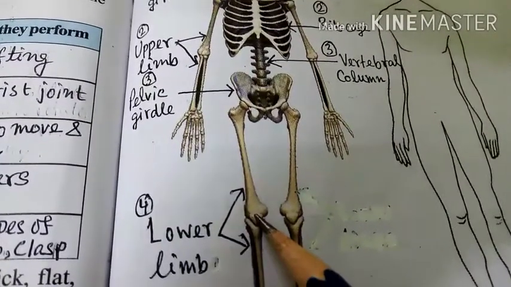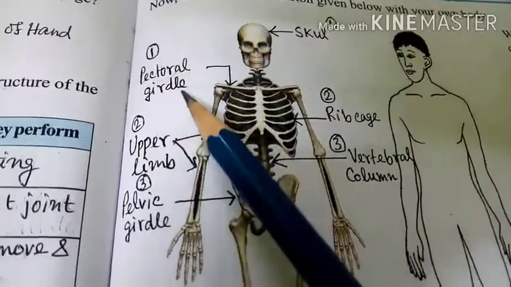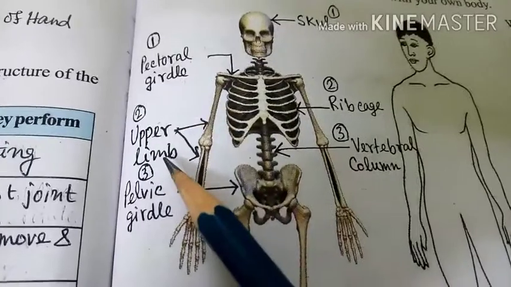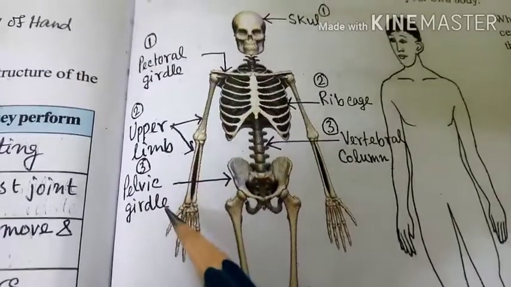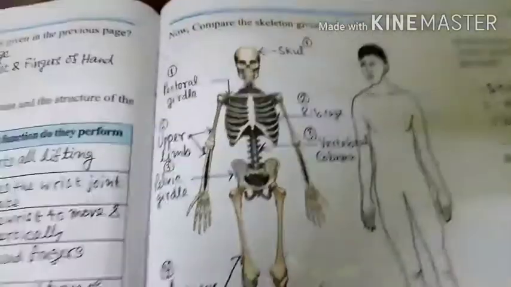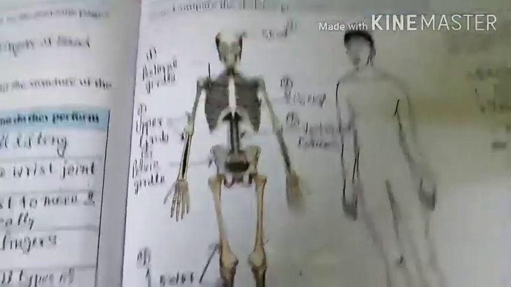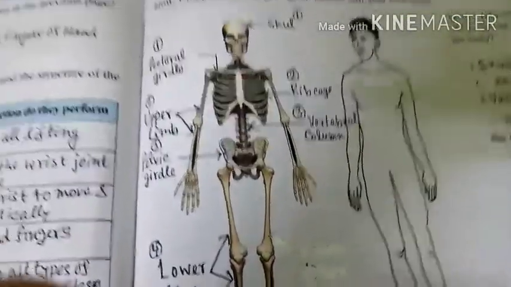We have 2 lower limbs. So pectoral girdle, upper limb, pelvic girdle and lower limb together constitute the appendicular skeleton. Do you follow?